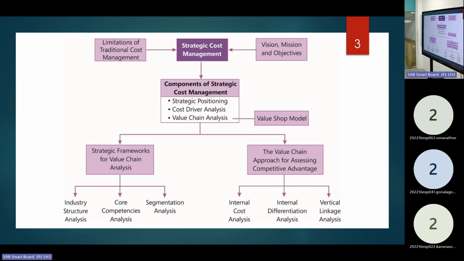We'll start with the limitations of traditional cost management, and traditional cost management versus strategic cost management. First we focus on what traditional cost management is and what its limitations are. Then when we move to strategic cost management, you should be familiarized with these mission objectives. These things you have already studied in other subjects.